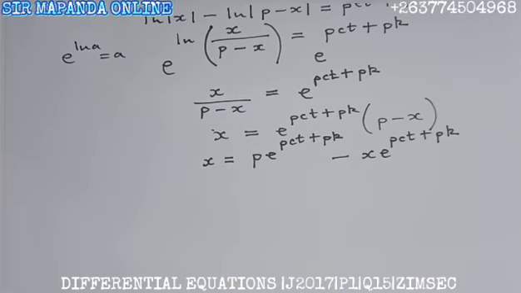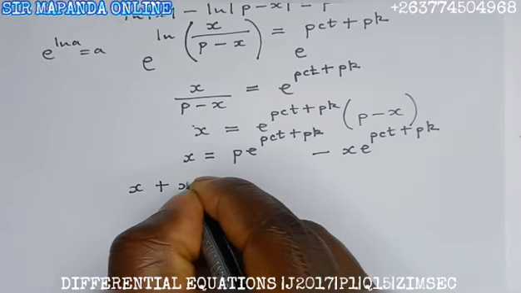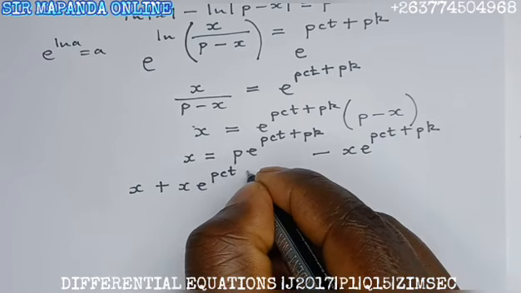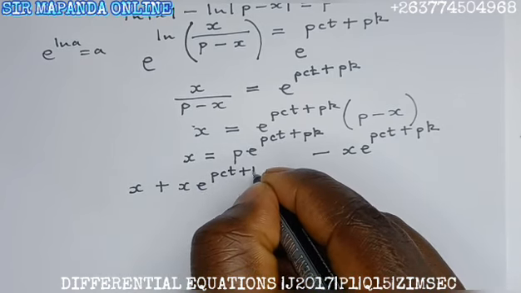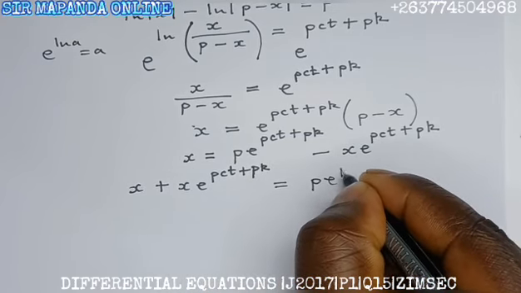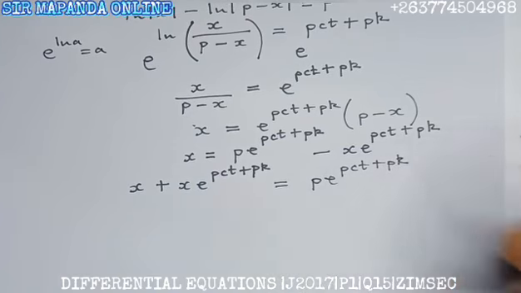Then you move the terms in x to the left side. You now have x plus x e to the power of pct plus pk is equal to p e to the power of pct plus pk.